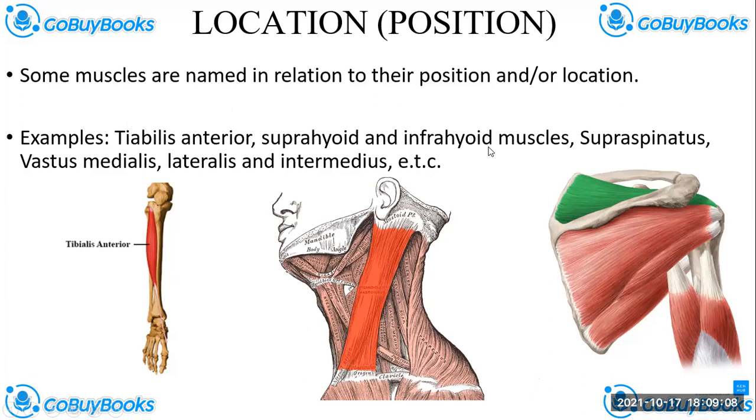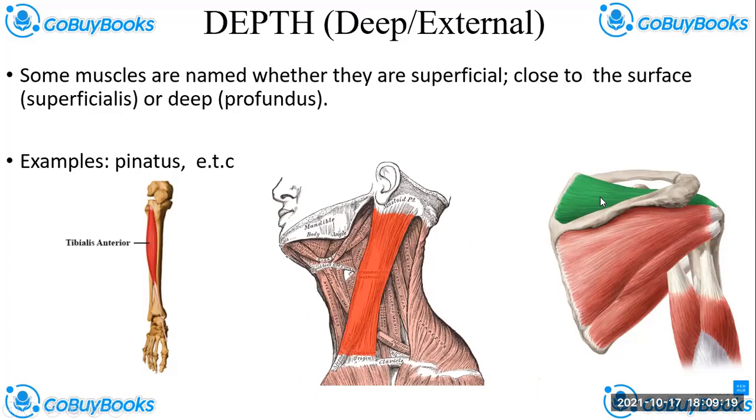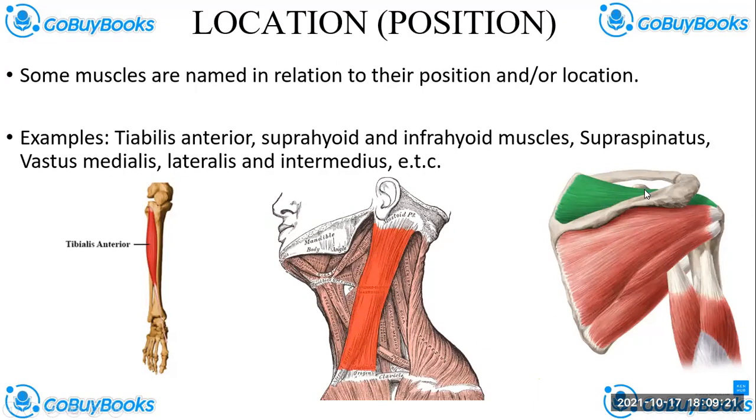Now, this one I said I was going to explain. This is the supraspinatus muscle. When you are learning your upper limbs, one of the bones that they will teach you is the scapula. This bone that I am pointing at with my arrow is the scapula.